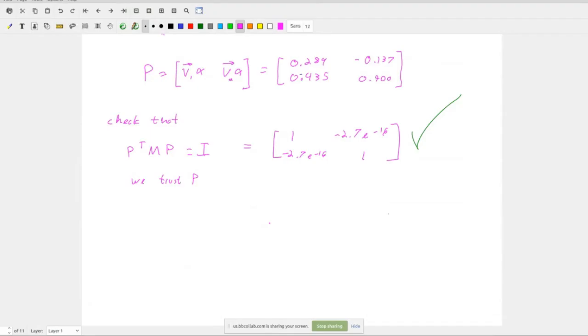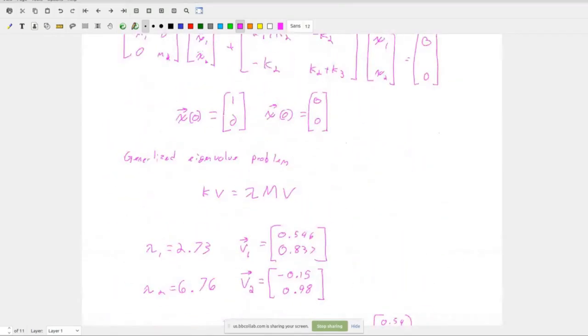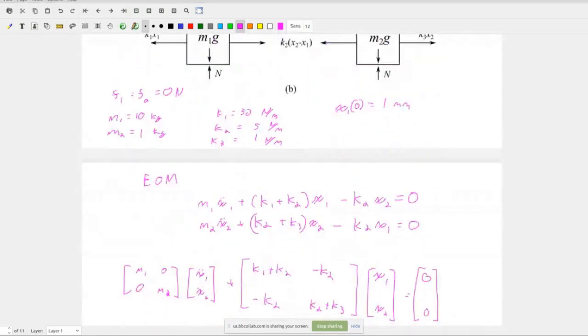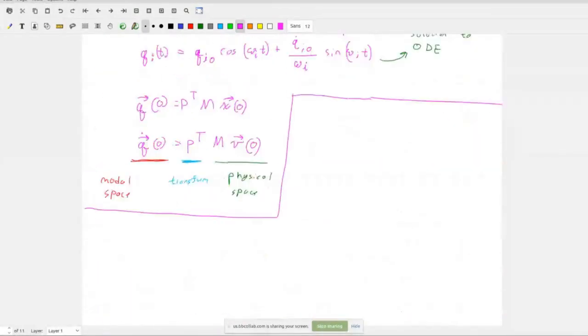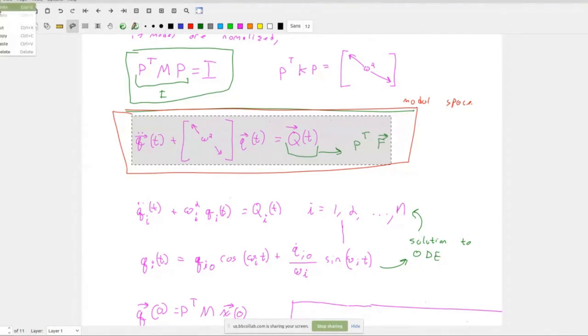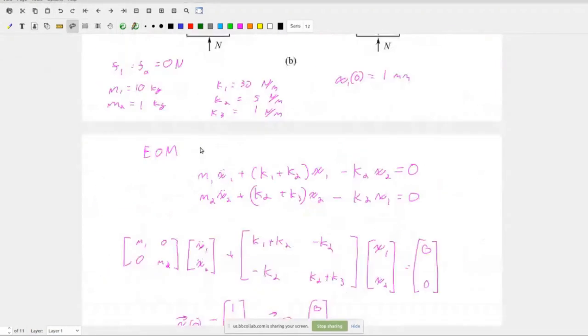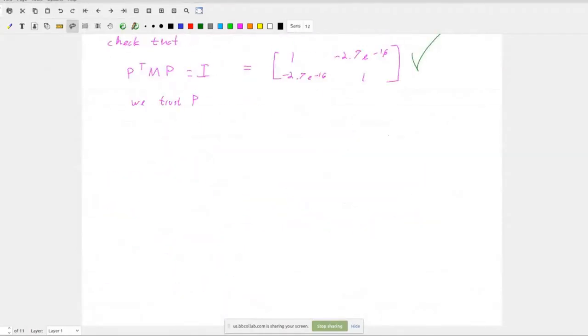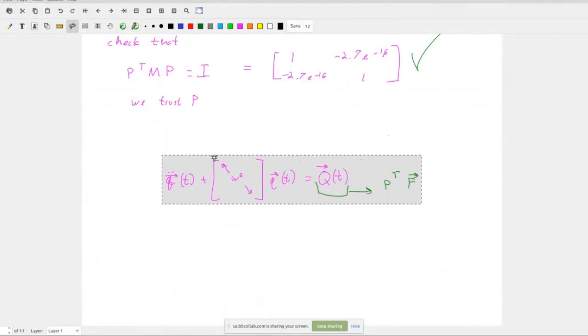Thanks. So now we trust P, so we can go ahead and solve that equation. Again, if we look up at our equation of motion in modal space, it's this. This is what we had before.